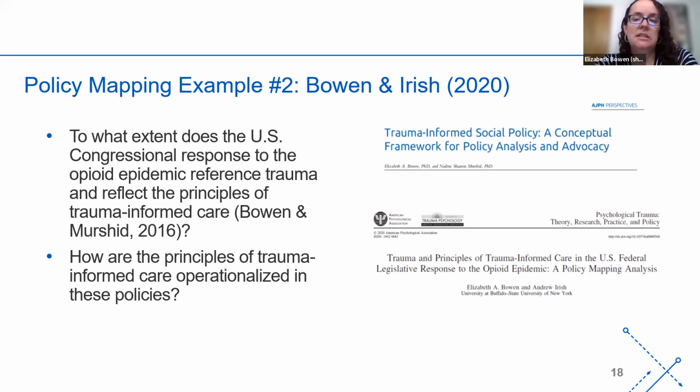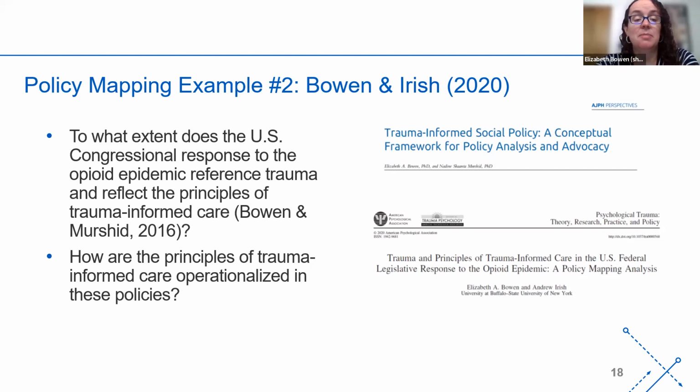In 2016, a colleague and I published an article basically arguing that you could use these same principles of trauma-informed care also in policy. So not just in services, but that our policies could be more trauma-informed. We had published that a while ago, but I was interested in applying that, specifically with opioid policies.